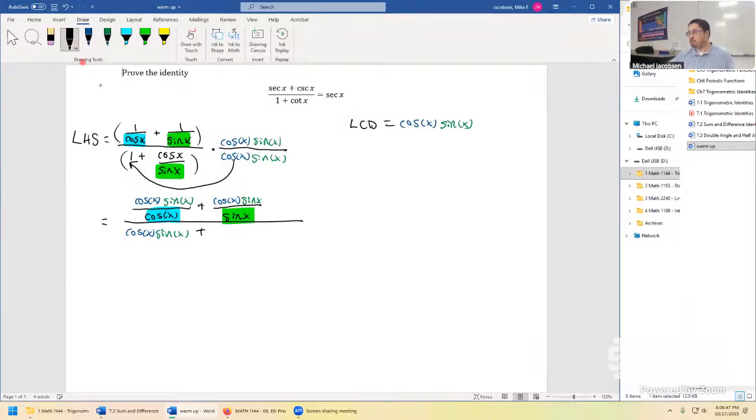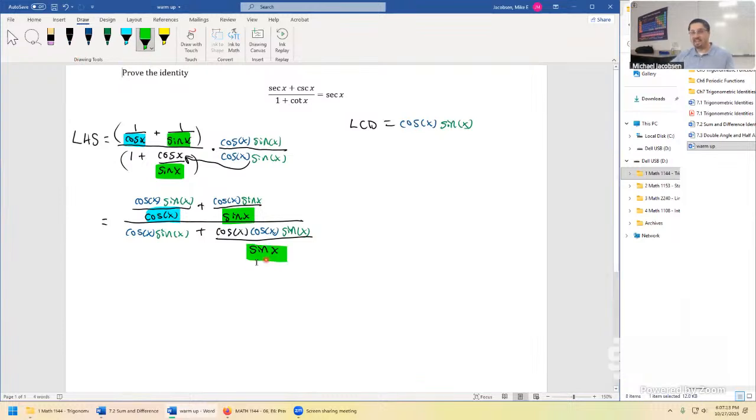Then we add plus in the middle, so just maintain that plus like we did in the numerator. Cosine x is here. Then it gets multiplied by that whole expression, so times cosine x sine x. Divide by sine x.